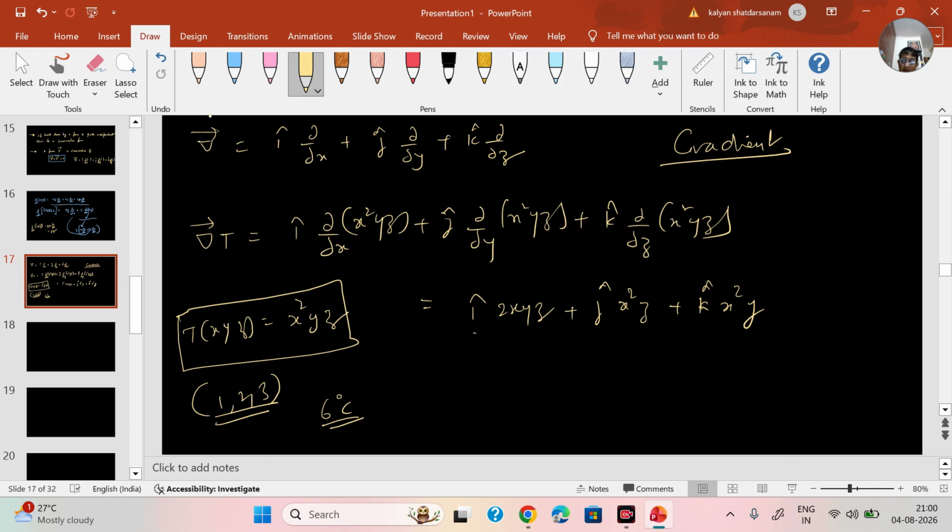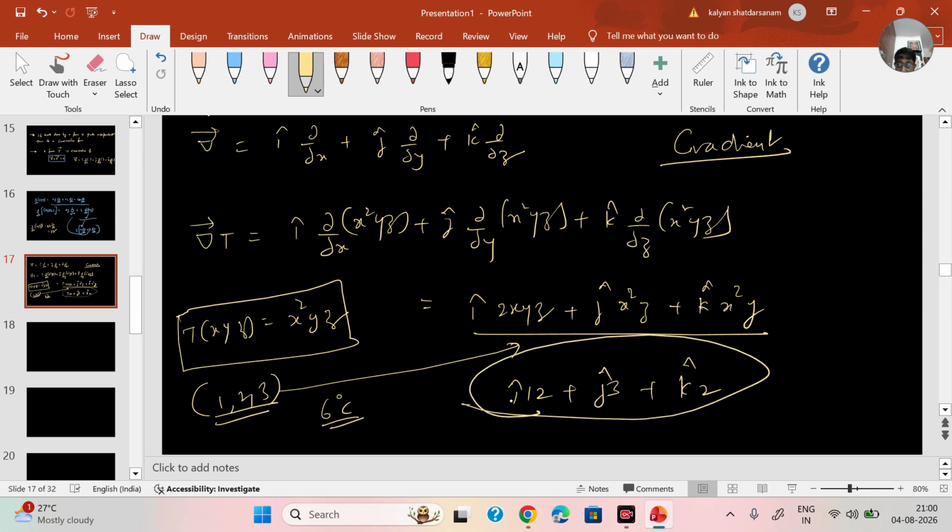So the answer is you find del T and put in the point where you are. If you put x=1, y=2, z=3, you get i into 12 plus j into 3 plus k into 2. You move in this direction right now, when you are at 1, 2, 3. Try to move in this direction and you will find maximum change in temperature.